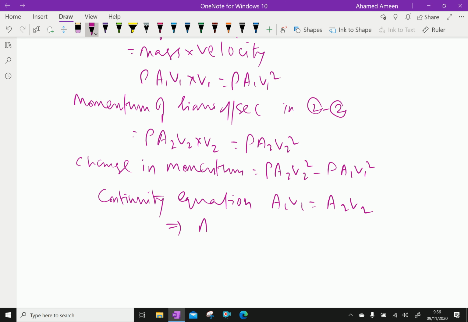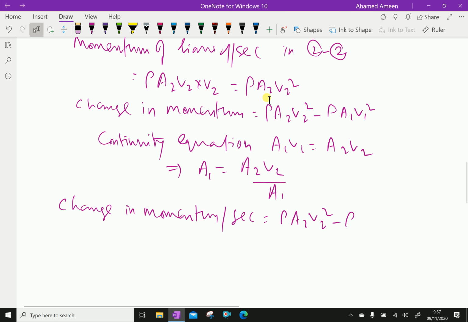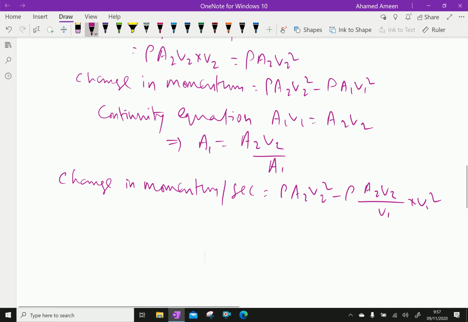From that, we get A1 equals A2 V2 by V1. Therefore, the change in momentum per second equals rho A2 V2 squared minus rho into A2 V2 by V1 into V1 squared.